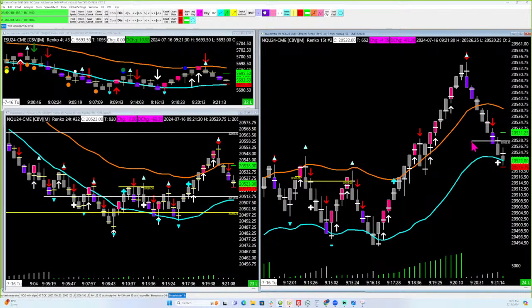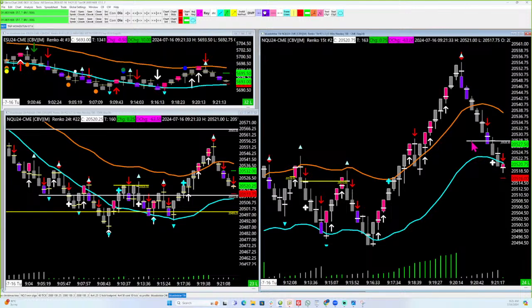Supernova means we're looking for it to go in the direction with that impulse move. So let's just see if it sets. That's a 50-60 back.